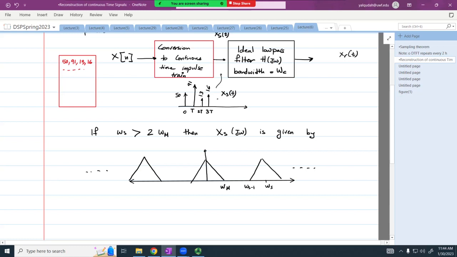This is omega s minus omega m. And this is A over T. This is negative omega m. This is negative omega s plus omega m, and so on. So this is xs of j omega, which is the spectrum of this signal here. So here, this is how the spectrum is going to look. Then we're going to pass this through an ideal low-pass filter.